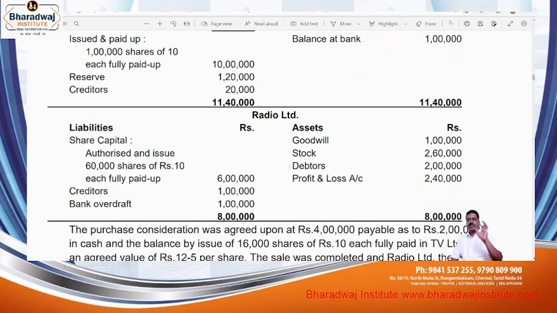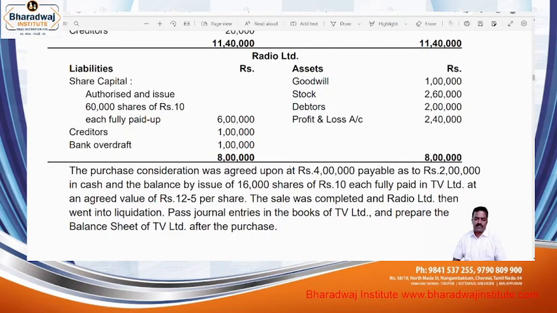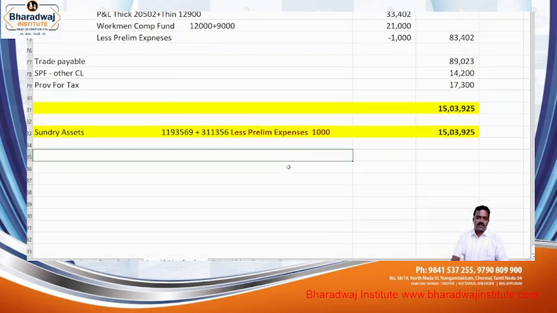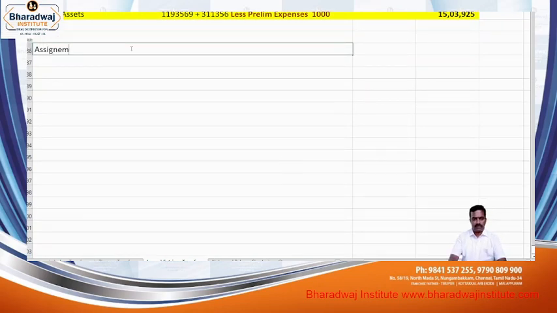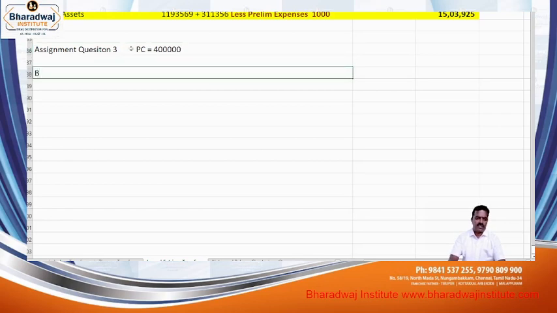It will not take more than 2 minutes to complete this problem because the purchase consideration is given. What is the purchase consideration? Start with the entry.